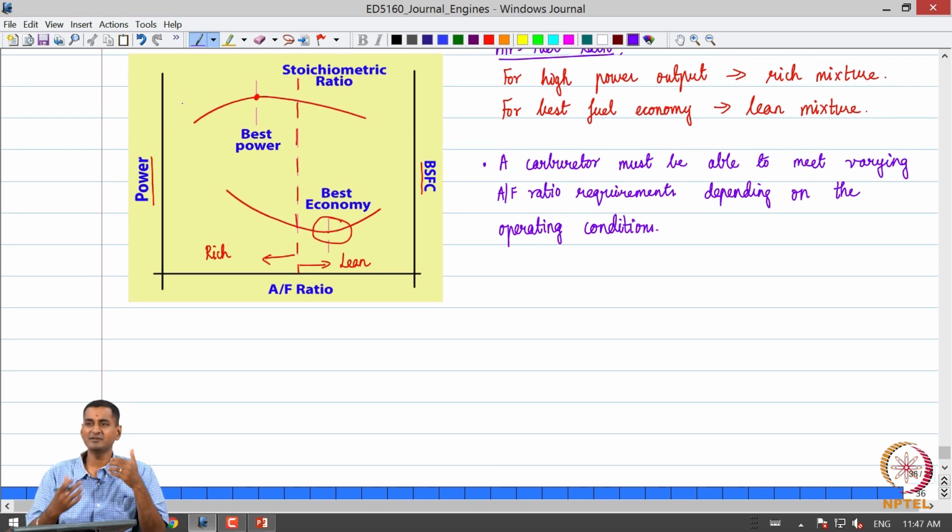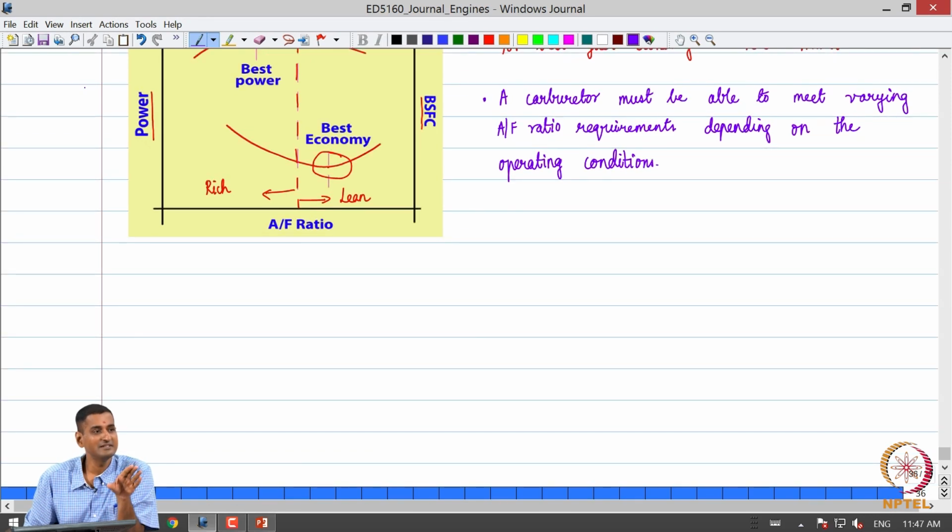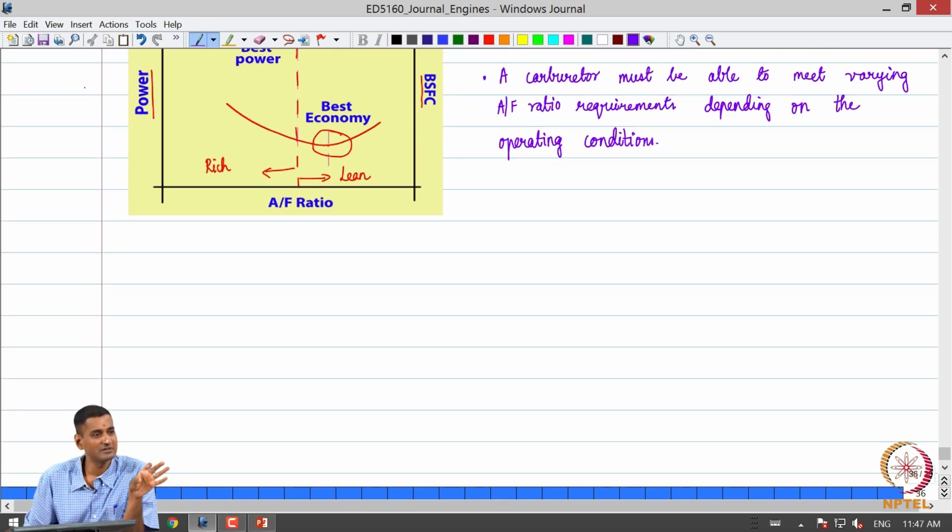And typically, how does the driver convey these requirements? Suppose we are driving a car, or a two-wheeler, whatever vehicle we want to consider. How would we convey the requirements to the engine? By pressing the throttle pedal in a car, or in a motorcycle, by rotating the throttle, which is a hand actuator. So we are displacing the throttle pedal, and that displacement results in the opening of what is called a throttle valve.